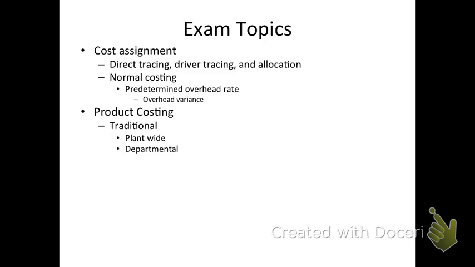Then we talked about product costing. We talked about two different types of product costing: traditional product costing and activity-based costing. And so with traditional costing, we will determine the predetermined overhead rate based on unit level drivers, and remember, unit level drivers are those drivers associated with production.